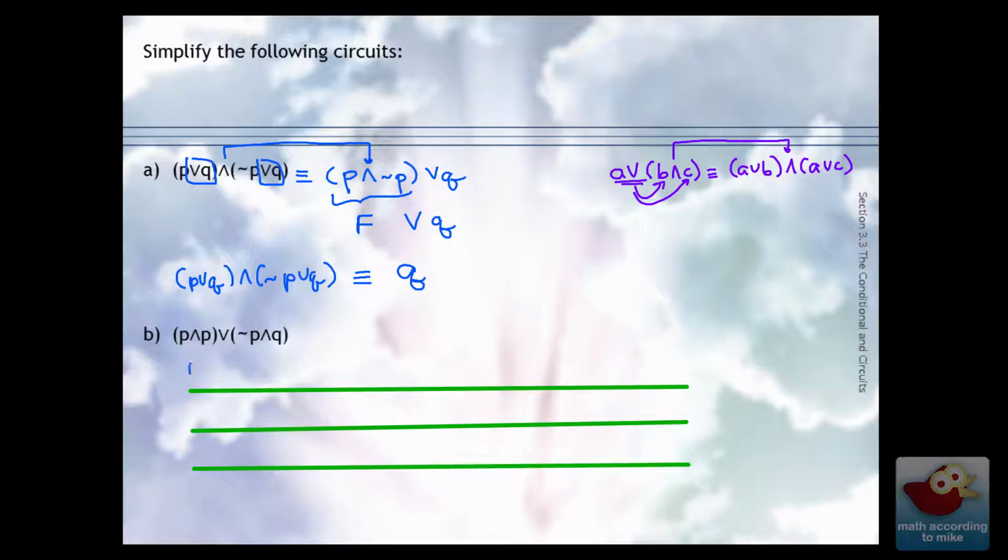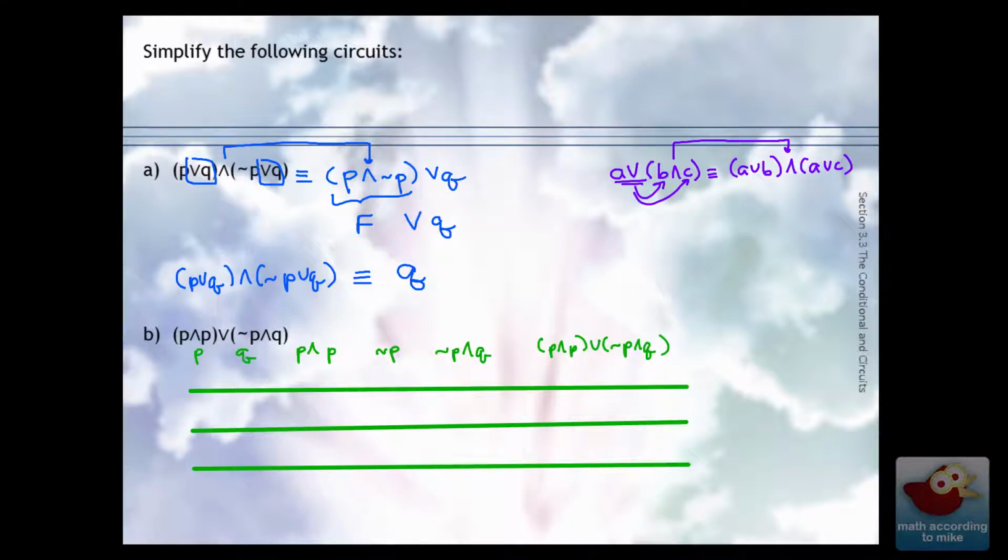We'll need a P column. We'll need a Q column. From left to right, we need a P and P. We need a not P column. We need a not P and Q. And then we have everything, P and P or not P and Q.